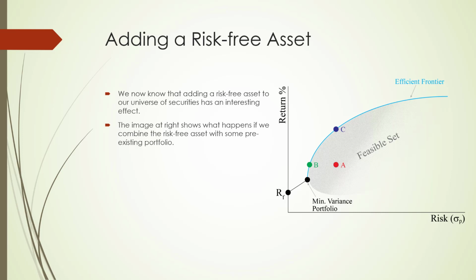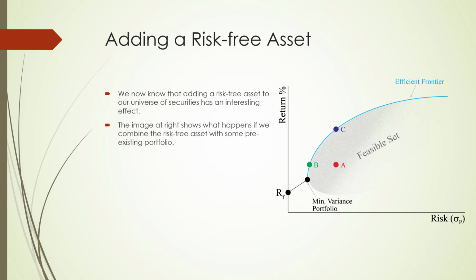Notice that all combinations of RF and the minimum variance portfolio are outside of the original feasible set. So what we've really done here is we've expanded the feasible set. This line, by the way, is known as a capital allocation line, or a CAL. And again, all possible combinations of the risk-free asset and the minimum variance portfolio are somewhere on that line.